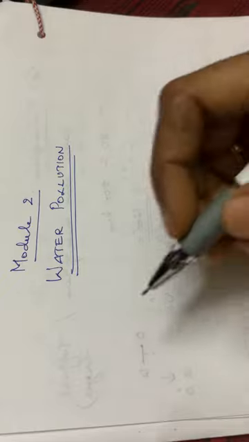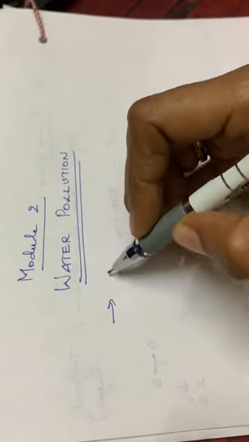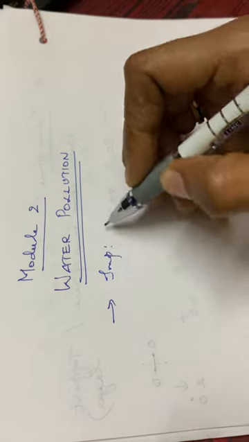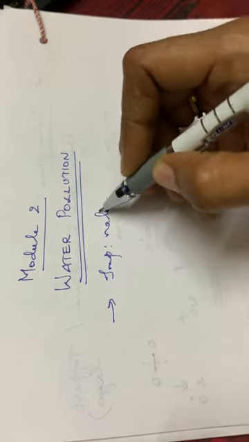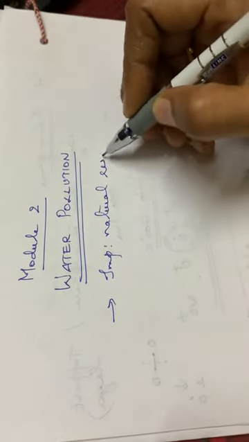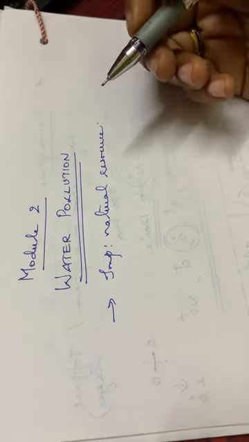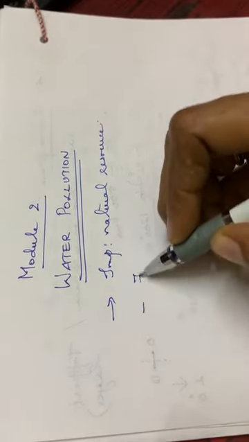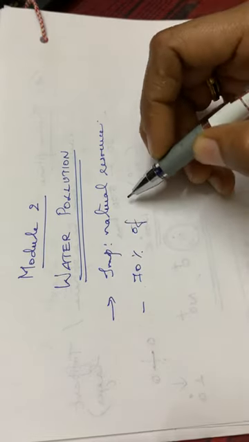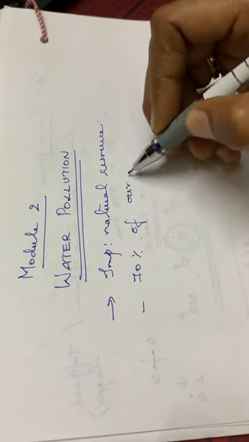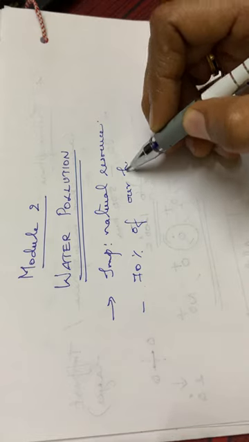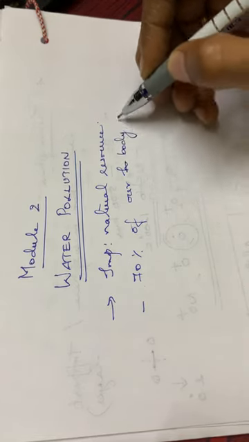See, as you know, water is the most important natural resource, isn't it? That is the very first point to be stated. And also see, 70% of human body weight constitutes water, isn't it?